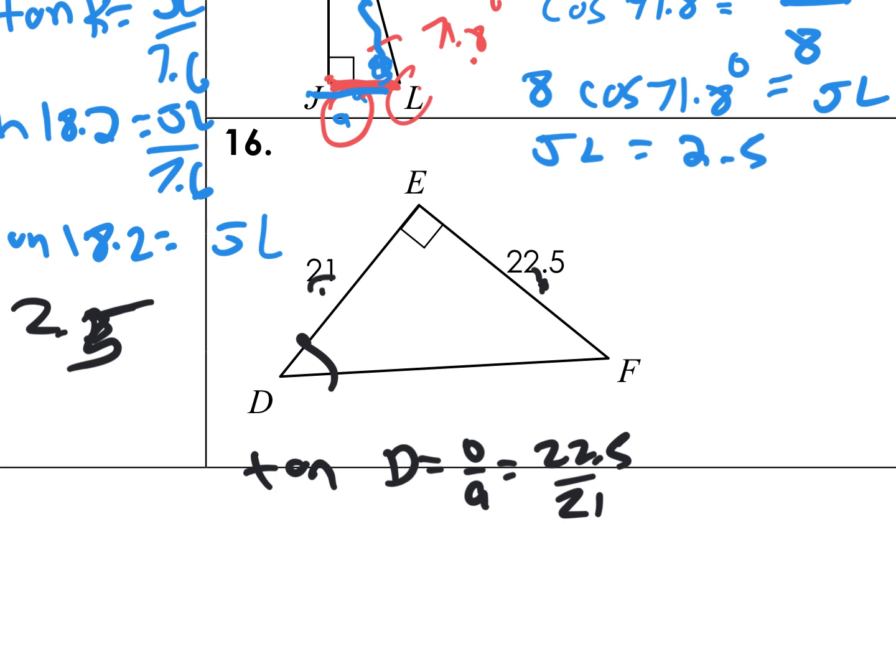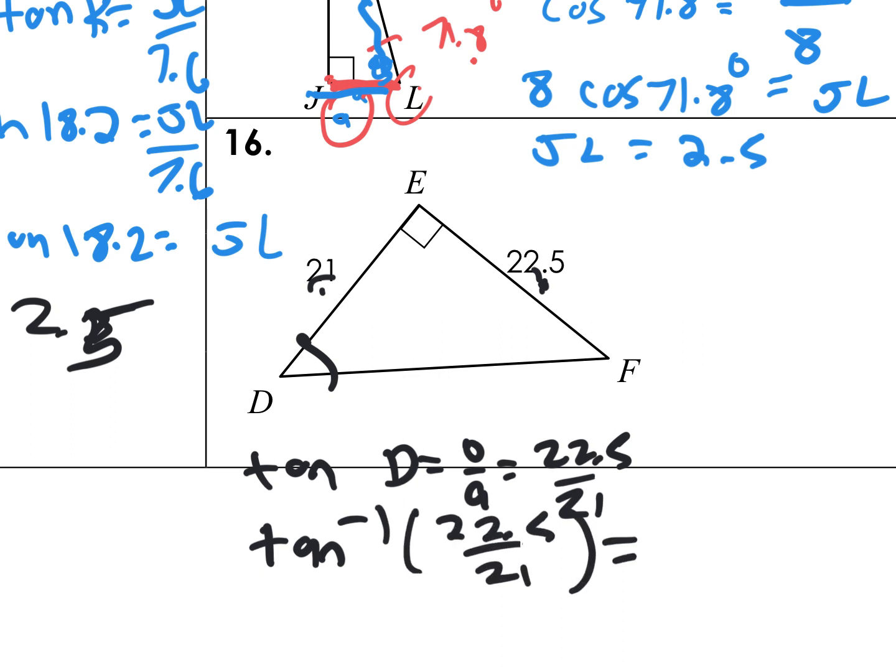All right, so this is using an inverse tangent now. Inverse tangent of 22.5 over 21 is what angle?